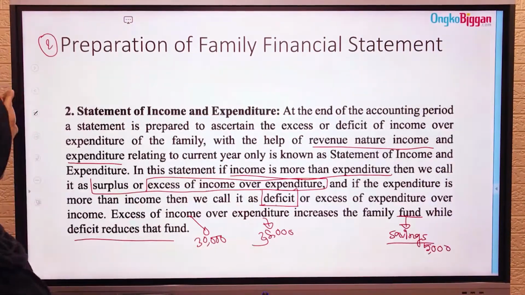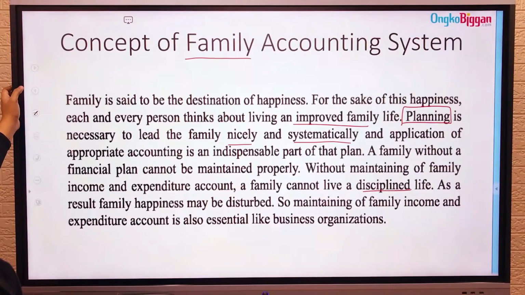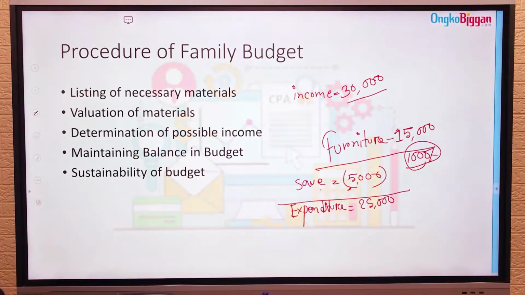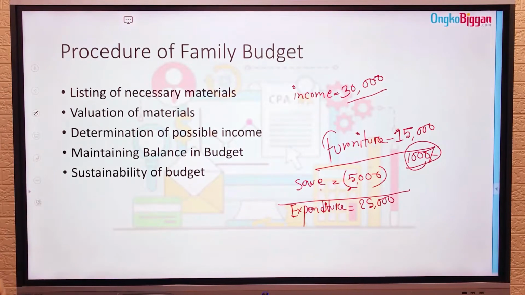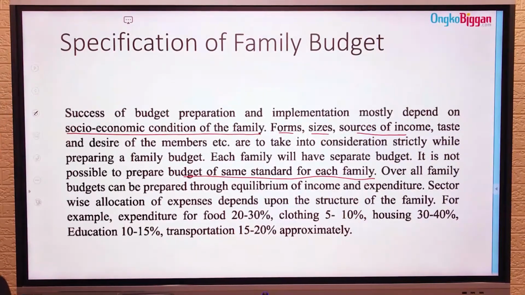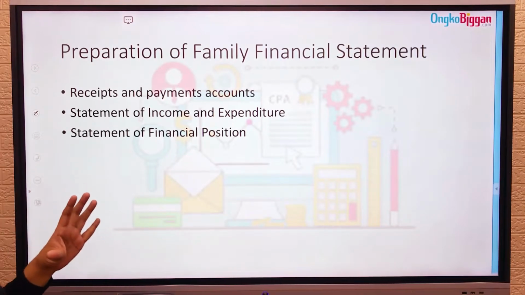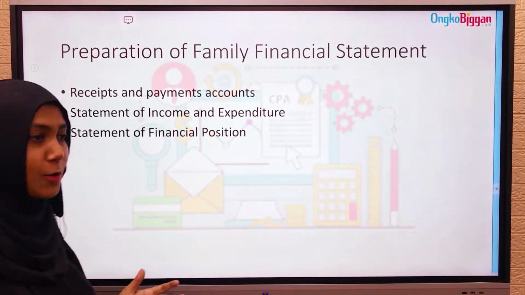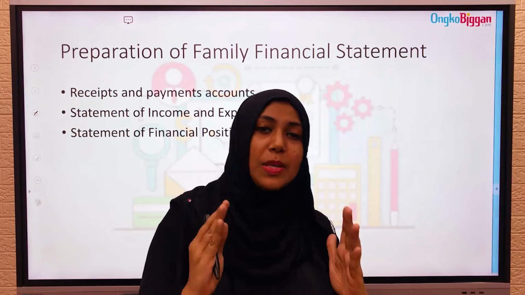Okay, so up to now, we have discussed our necessity, importance, characteristics, concepts, and procedure. The procedure is listing the materials, valuations, determining possible incomes, and maintaining the balance of the budget, all those things. After that, we talked about the three steps of preparation of the financial statement. And as I told you before, they don't have any designed, specific format.